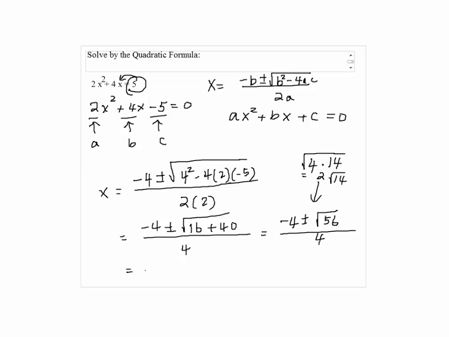So that is 2 radical 14. So we have negative 4 plus or minus 2 radical 14 over 4. So by reducing, we have negative 2 plus or minus radical 14 over 2. That's the answer.